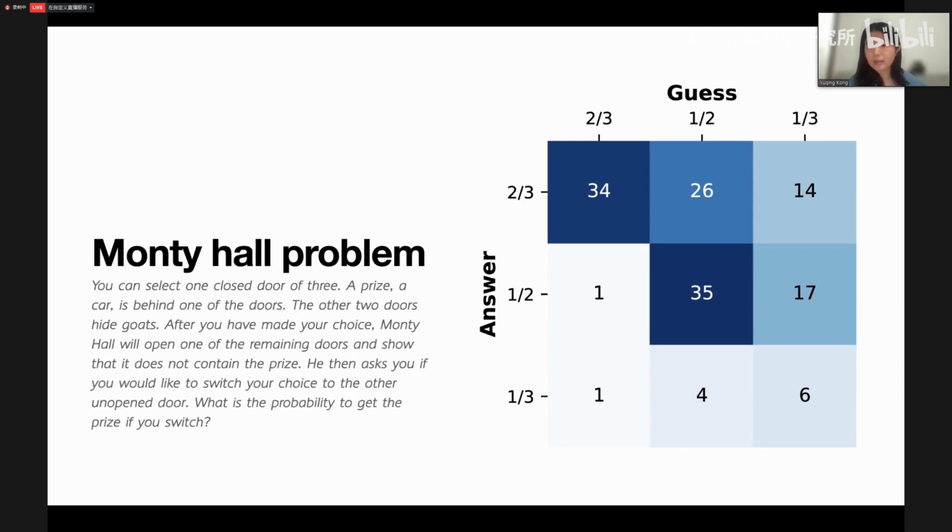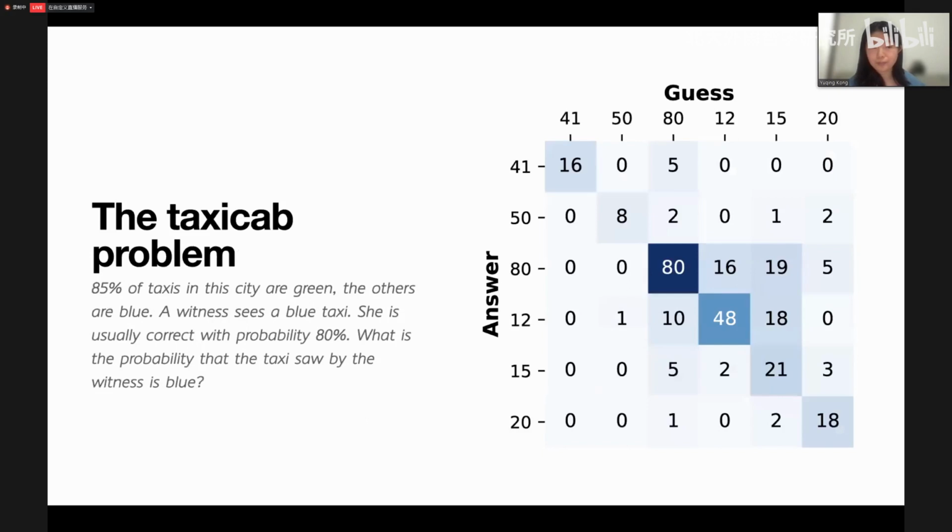So we get this hierarchy again, and this is another famous problem from the book Thinking, Fast and Slow. In the city, 85% of the taxis are green, the others are blue. A witness sees a blue taxi, and she is usually correct with probability 80%.